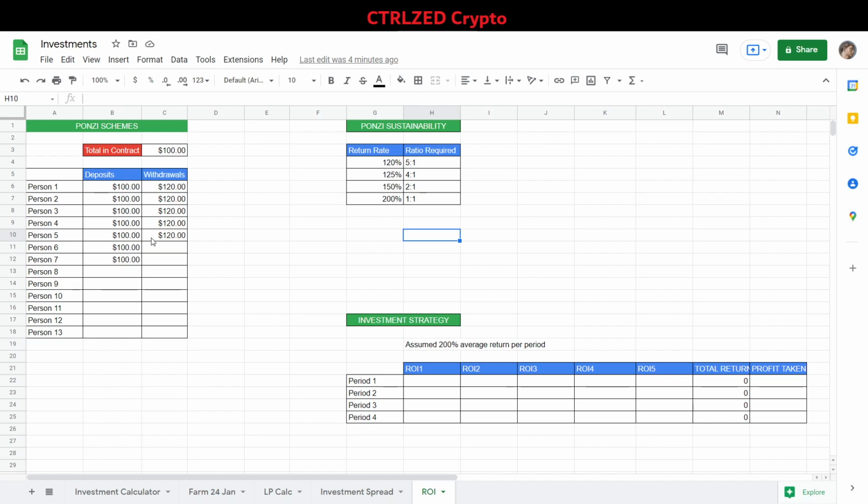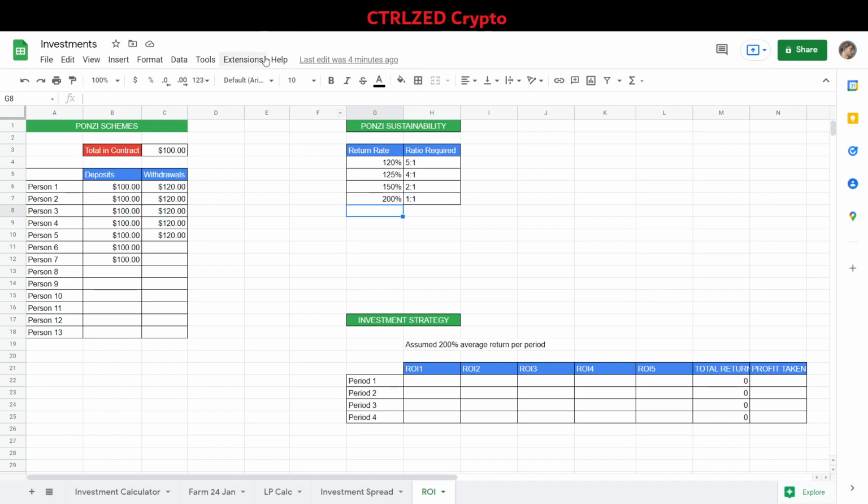The view is the more people get in, the new deposits start paying back the returns, and eventually, just by the nature of this, it's all going to collapse. So you need to understand that all of these ROIs are going to eventually stop working, and the point at which that happens depends on the return rate, as to how sustainable they are.